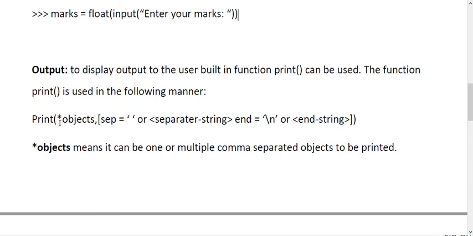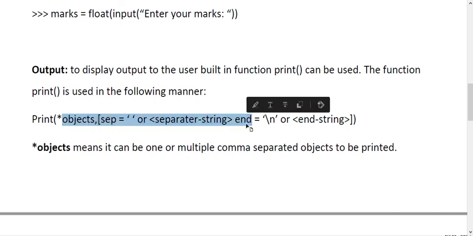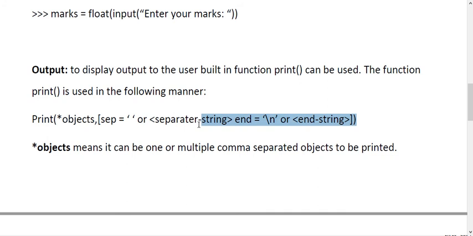Star means we can have multiple objects here, or multiple values separated by commas which we want to display, and the part in square brackets is optional. Square brackets generally mean optional.